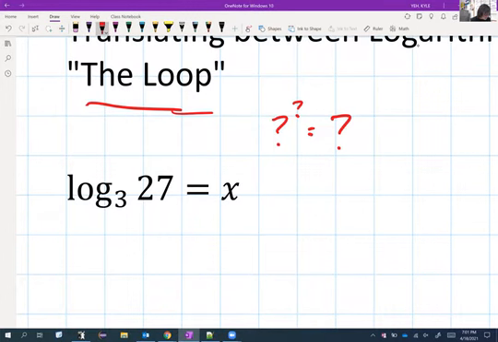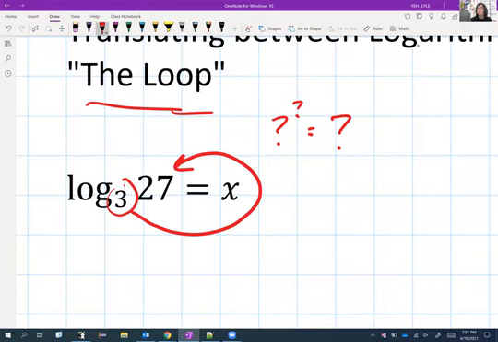Start at the bottom, the base, draw a loop around the equal sign, and come back. That gives us the order that we want to write these numbers in our exponential form. 3 to the xth power equals 27.